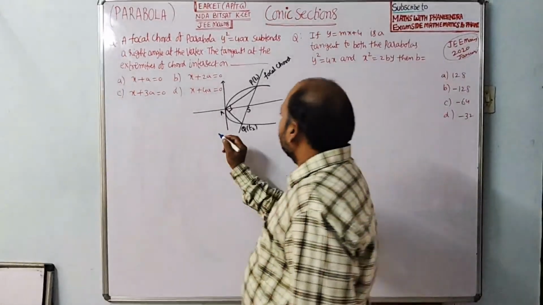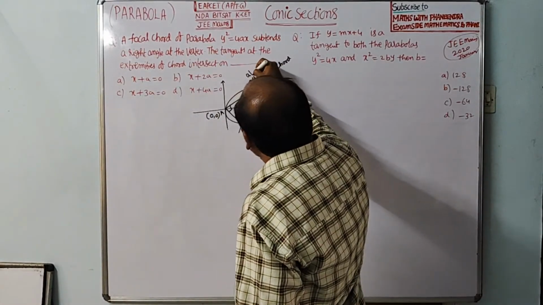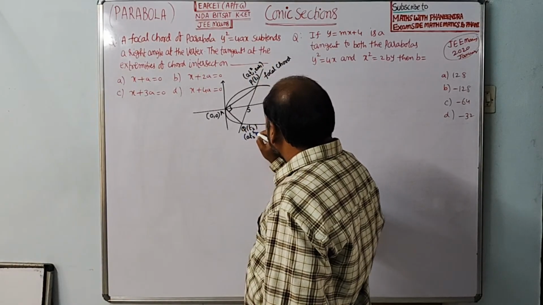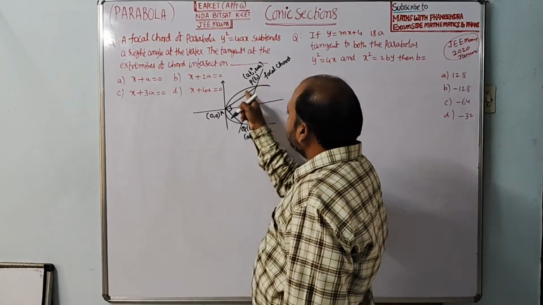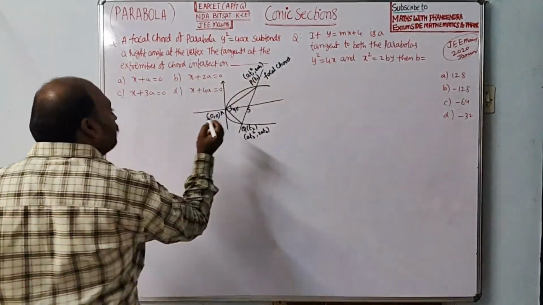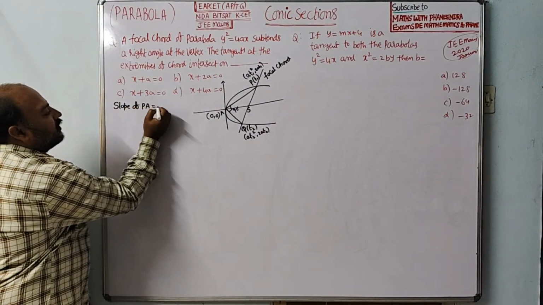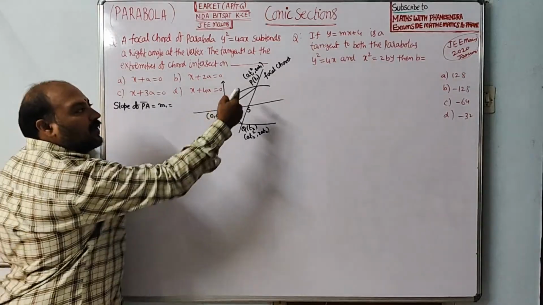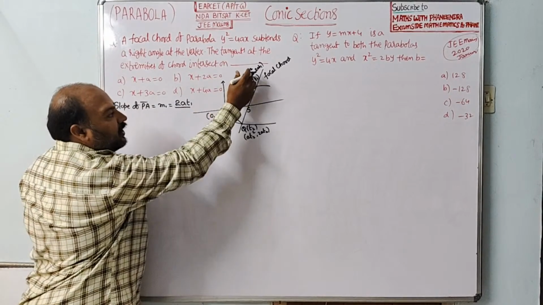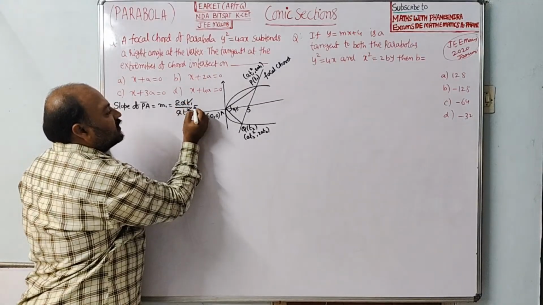Okay, students. So first, what happens when it is a right angle? P of t1 means it is (a t1 square, 2a t1). This is (a t2 square, 2a t2). These two lines are perpendicular, no? So slope of PA is m1, y2 minus y1 by, that means 2a t1 minus 0 by a t1 square minus 0. So a cancels, one t1 cancels, 2 by t1.